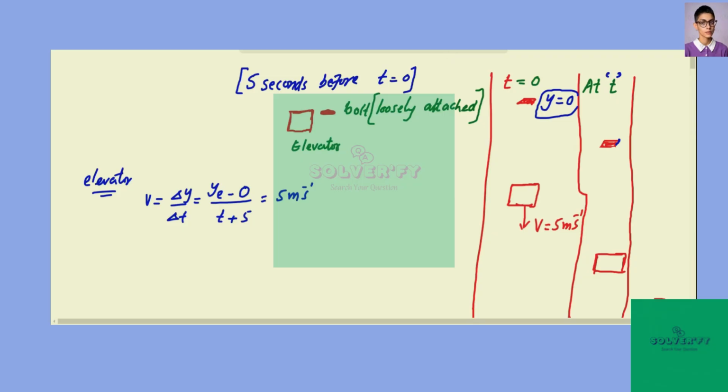Now we can write position of elevator equal to 5 into t plus 5. Here I have neglected the units. Now we can write this as position of elevator equal to 5t plus 25.